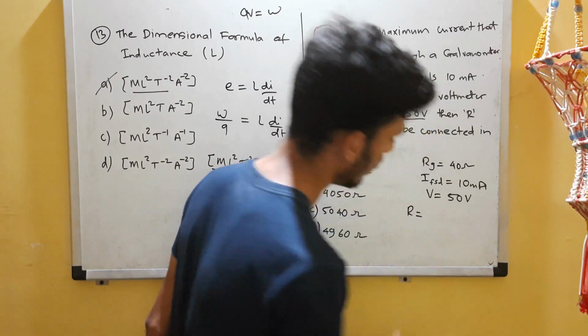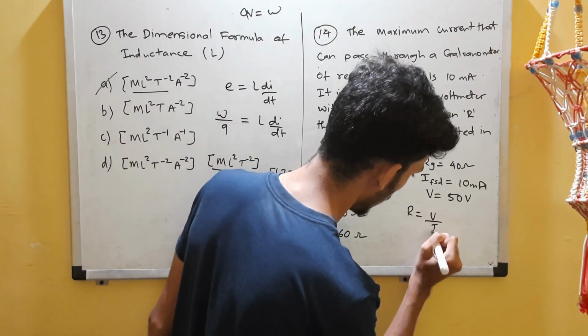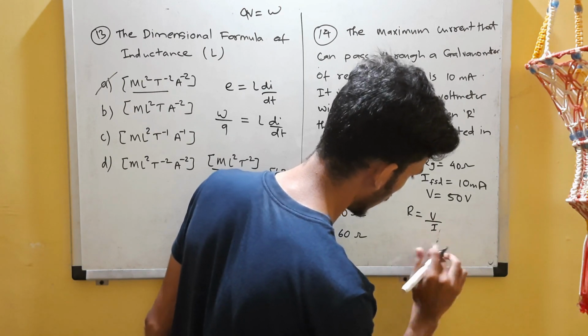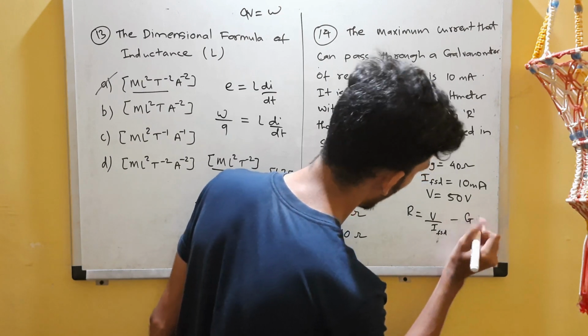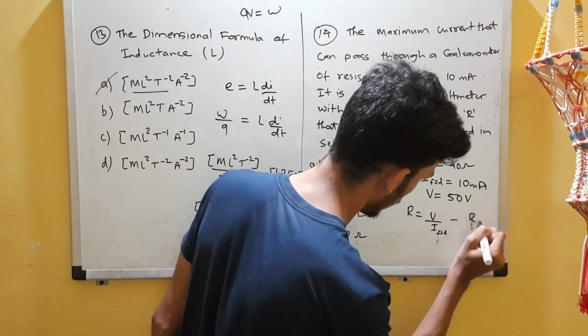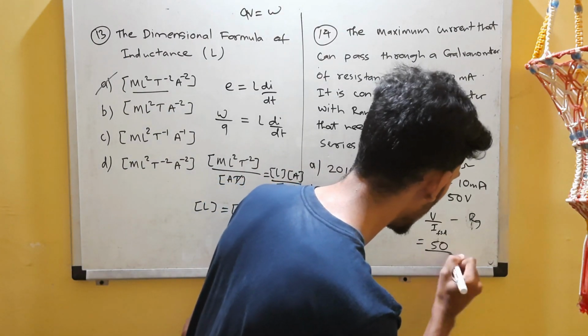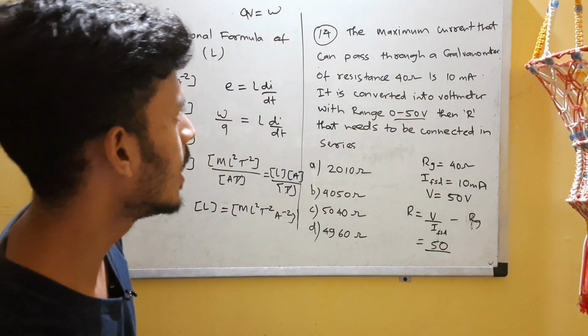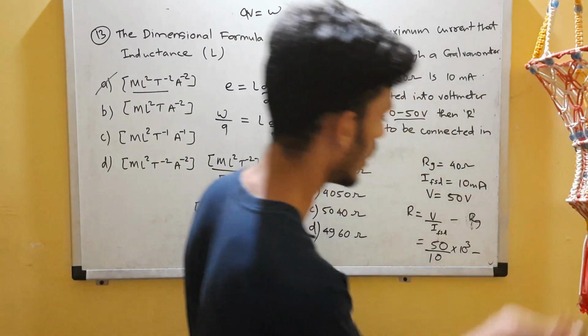Okay, so R, there is a direct formula to it. What is the formula? R is V by the galvanometer current, the full scale deflection current, minus the resistance of the galvanometer. I've used Rg, right? So V is 50, full scale deflection current is 10 milliamps. I can write it as 10 into 10 to the power minus 3 over here. Okay, that goes on the top.